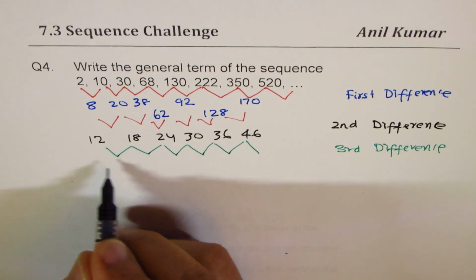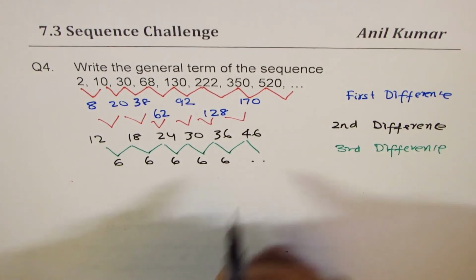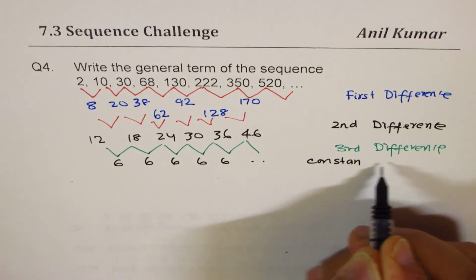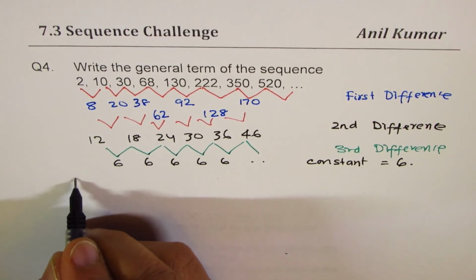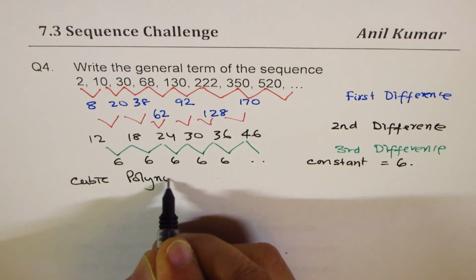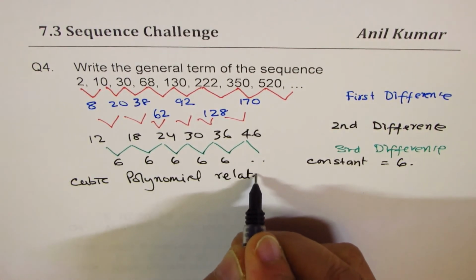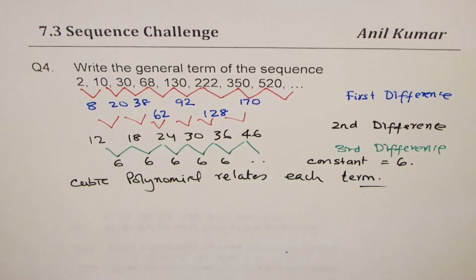So the third difference for us is 6, which is constant. So the third difference is constant, equal to 6. That means we have a relation which is cubic in nature. So a cubic polynomial relates each term.